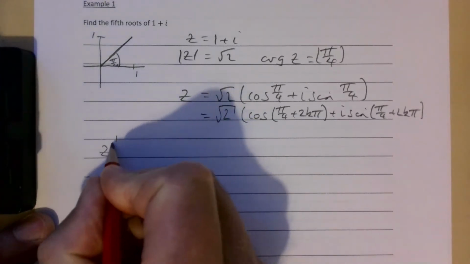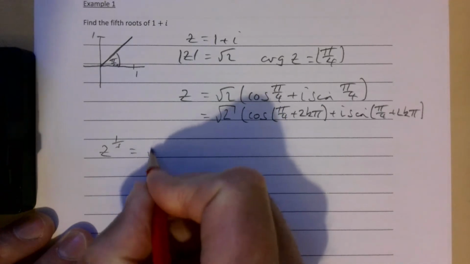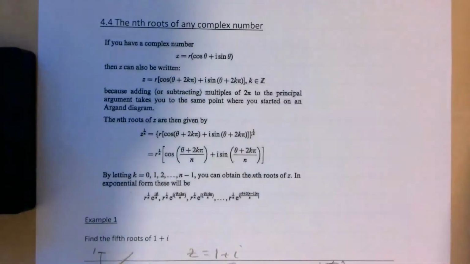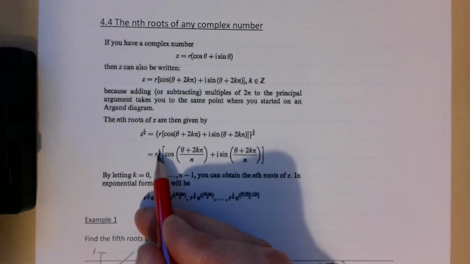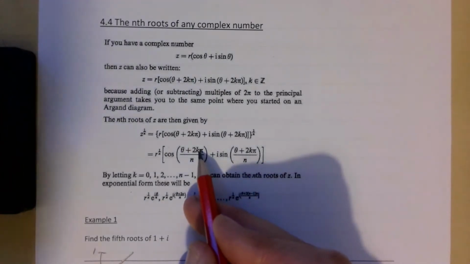So z to the power of a fifth is going to equal root 2 to the power of a fifth. Why is that? Because we find this bit here, put that to the power of a fifth, and then divide each of these angles by 5, and we put the numbers 1, 2, 3, and 4 into this.